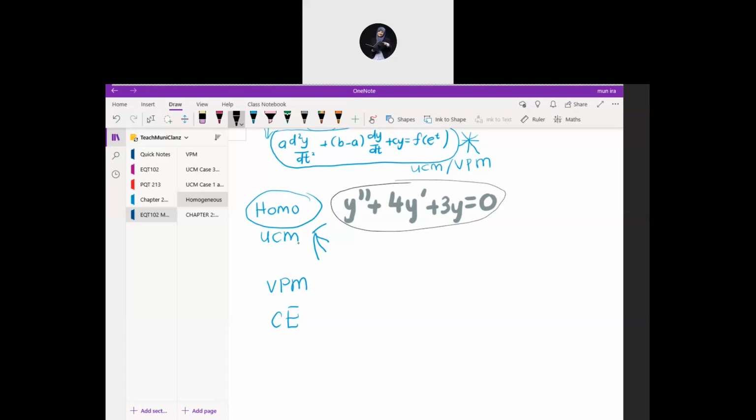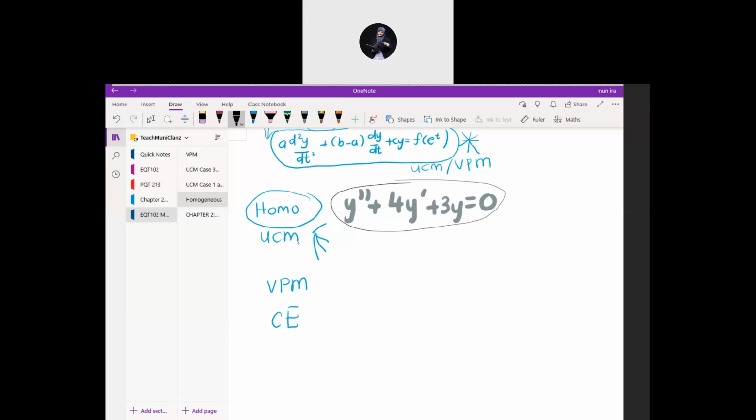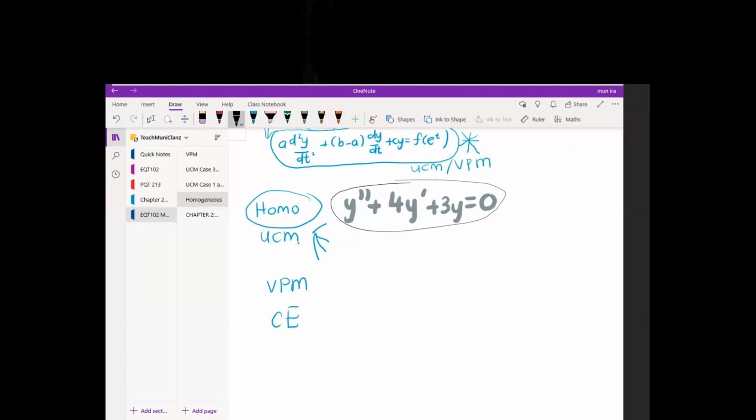We need to use that table, I think. What you need to do here? Okay, my first question, Abdullah. Is this homogeneous or non-homogeneous equation? Yes, it's homogeneous.